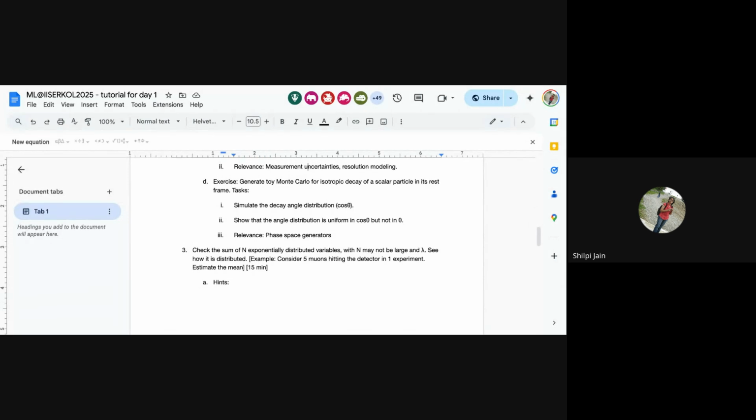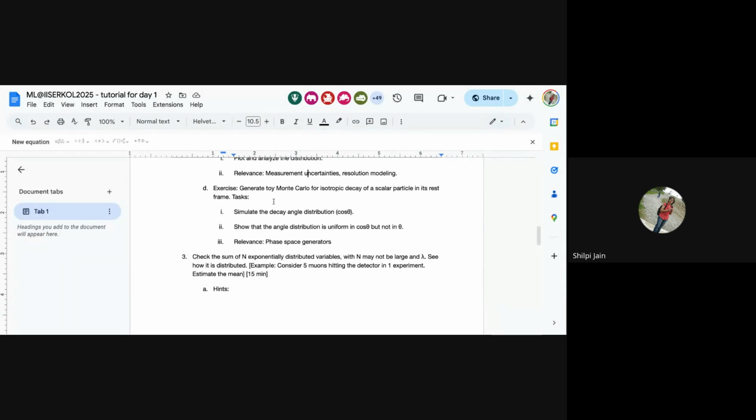Now, the last exercise in this question is to generate a toy Monte Carlo for isotropic decay of a scalar particle in its rest frame. So, can someone tell me, if there is a scalar particle sitting and it decays, what kind of angular distribution will its daughter particle take?